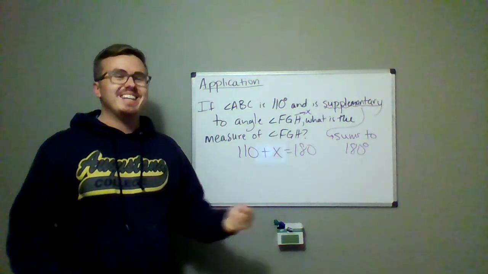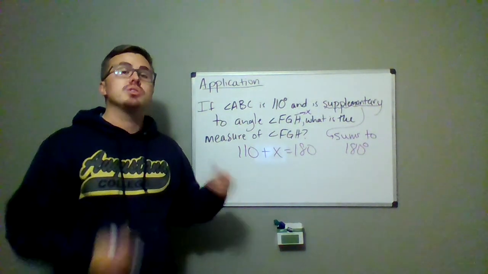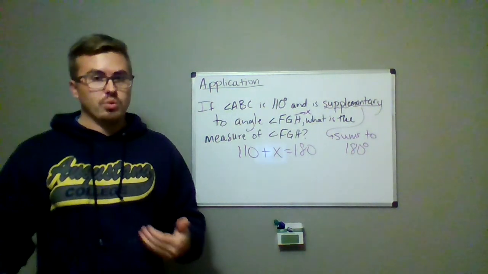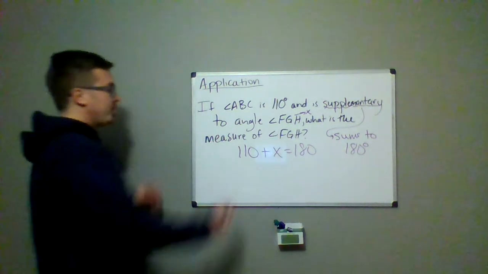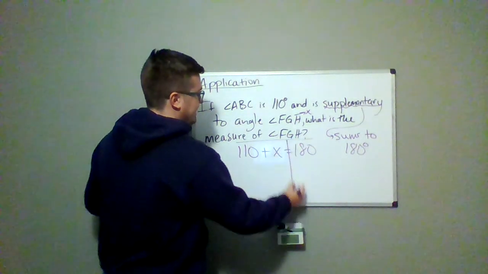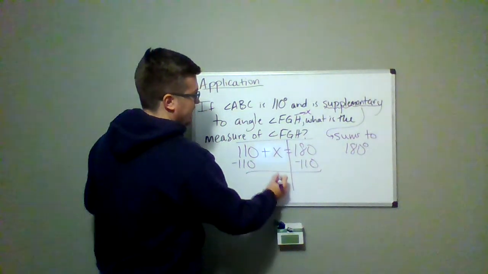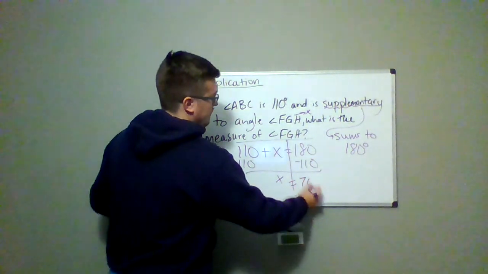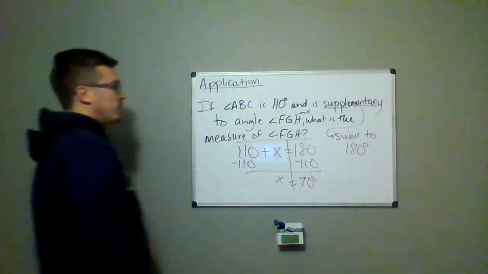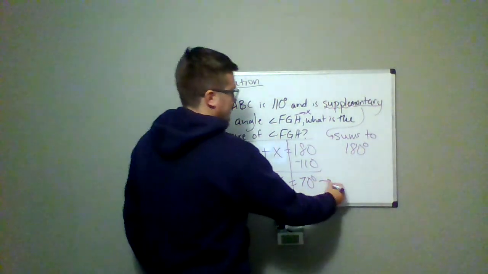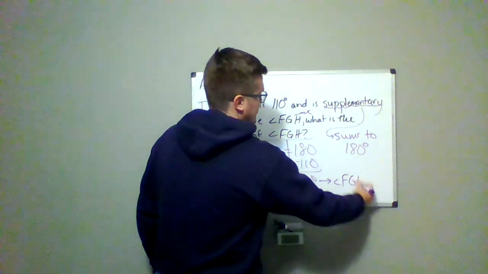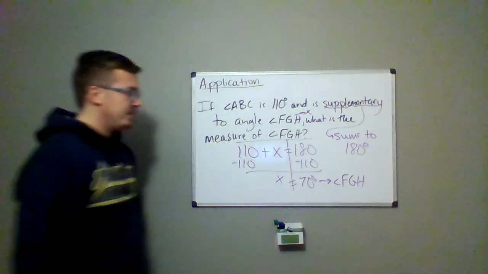However, do the easy problems like this so that the harder problems make more sense. Because if I go through my steps to solve this one, I'm going to make my t-chart, subtract 110, and I'm going to get x is equal to 70, which means that FGH is 70 degrees.